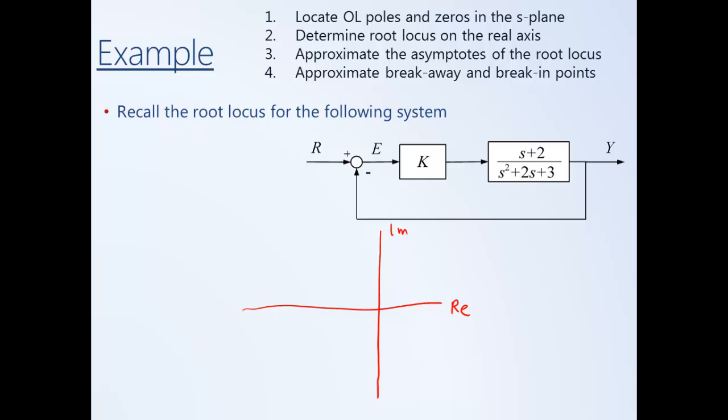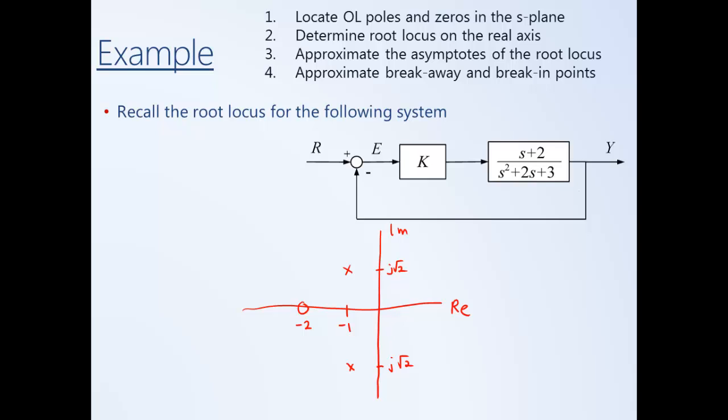If you recall, we had conjugate open loop poles, one at -1 plus root 2j and -1 minus root 2j. And we had an open loop 0 at -2. And so this defines where the branches of our root locus begin. They begin at open loop poles and they end at open loop zeros.